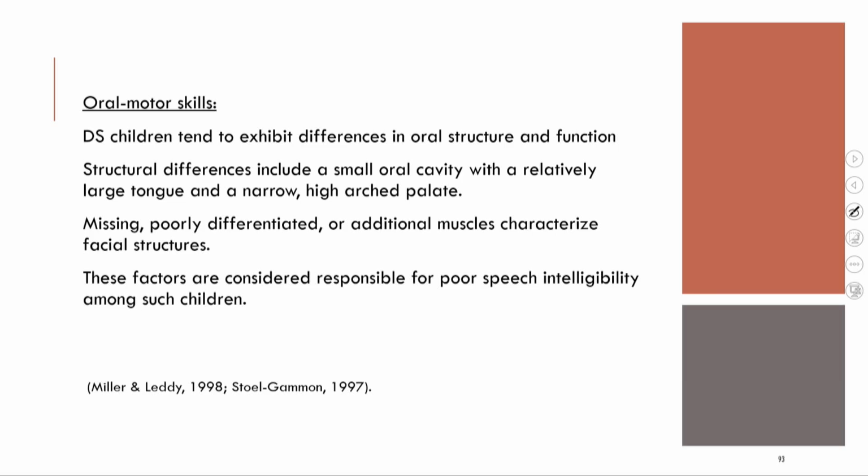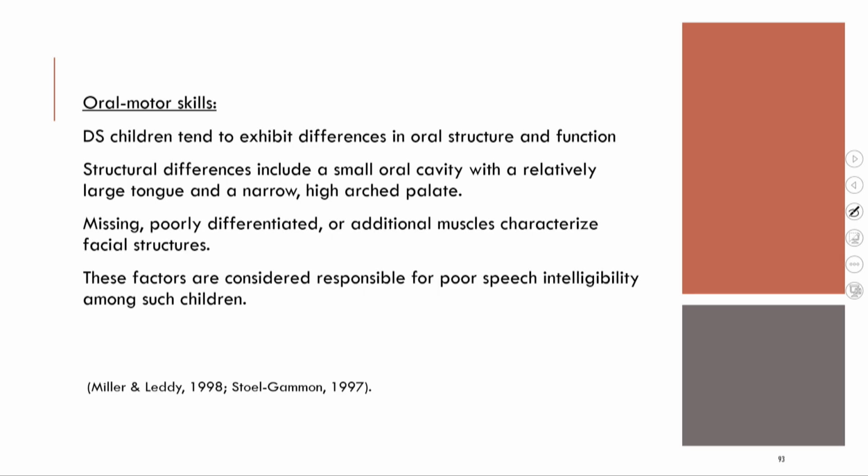Missing, poorly differentiated or additional muscles also are part of their facial features. Some muscles might be missing, some might be poorly differentiated, sometimes even additional muscles are part of their facial structure. So, these factors are considered responsible for their poor speech intelligibility.